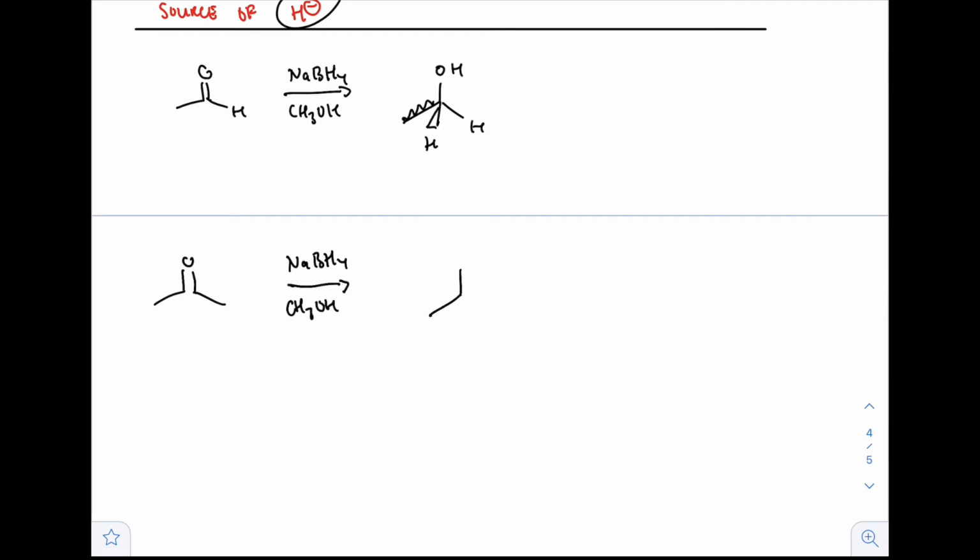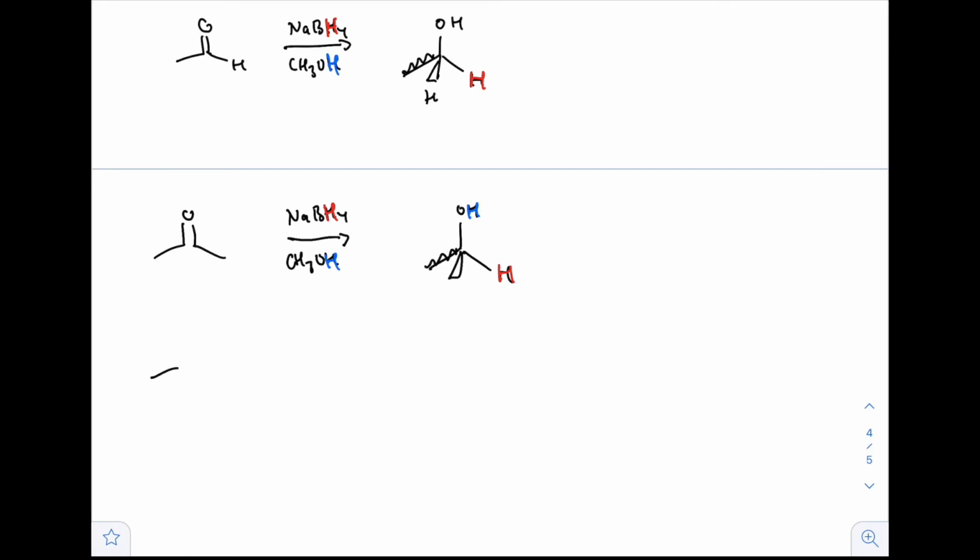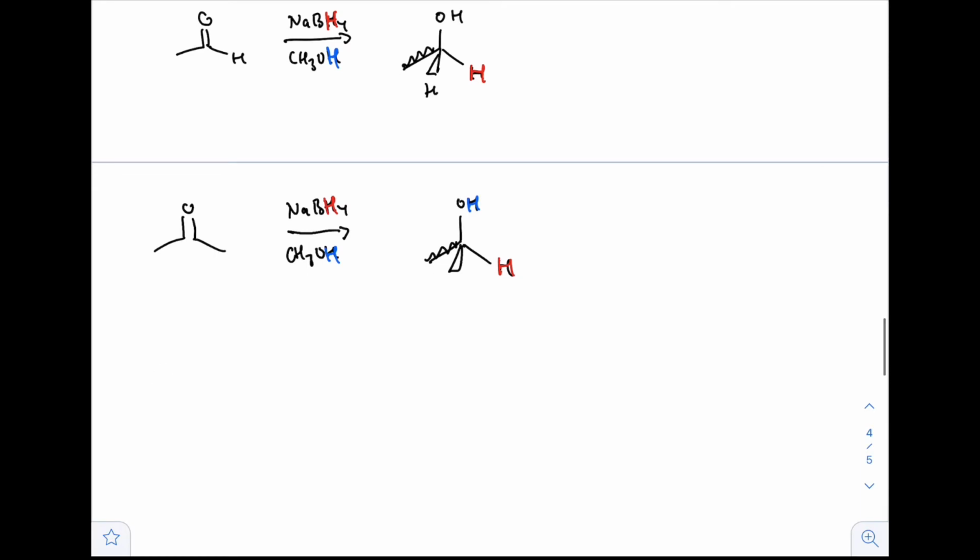All right, so same thing. If we hit the aldehyde or the ketone, we're going to attack the carbonyl group, and we're going to eventually get an alcohol. Okay, so I'm going to highlight this H from the sodium borohydride in red, and then the H from the alcohol in blue, and then label those hydrogens in the new product, showing where those hydrogens come from.